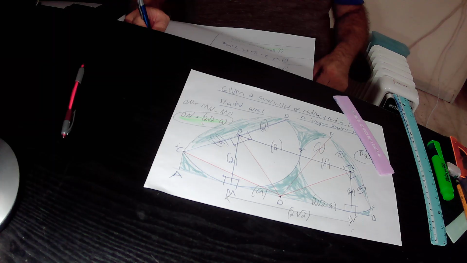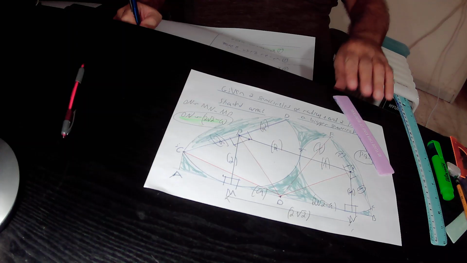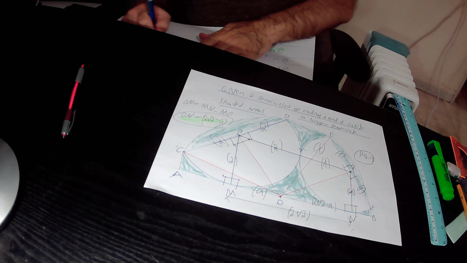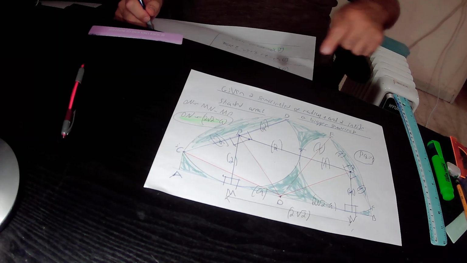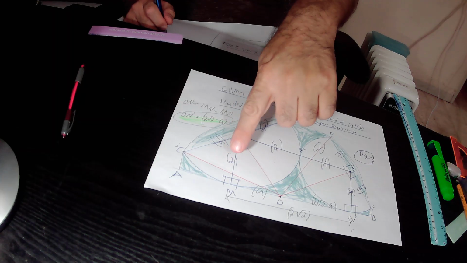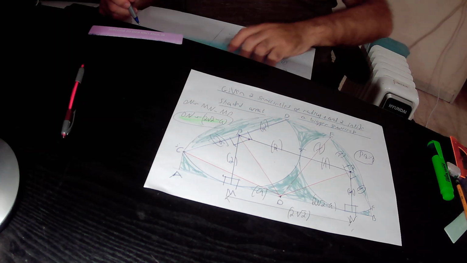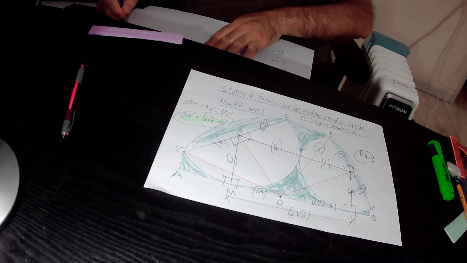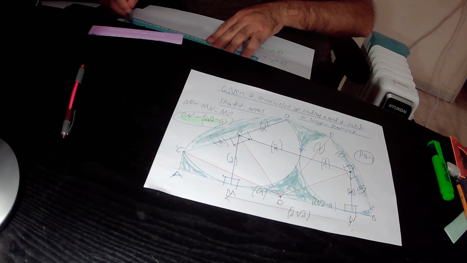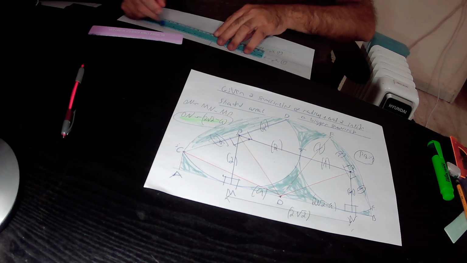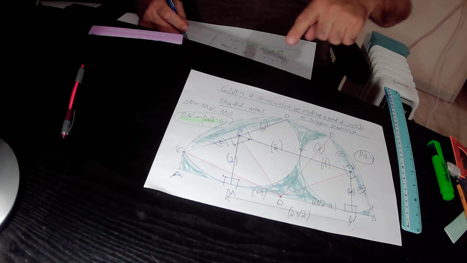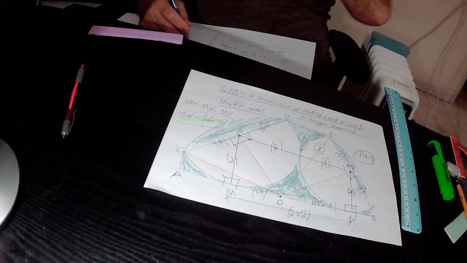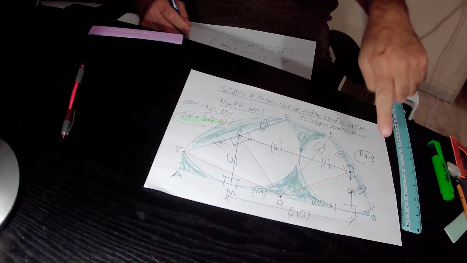Here PT is an abbreviation of Pythagoras theorem. According to the Pythagoras theorem, in this right triangle CPO, CO of course is the radius of the biggest semicircle, which equals x.